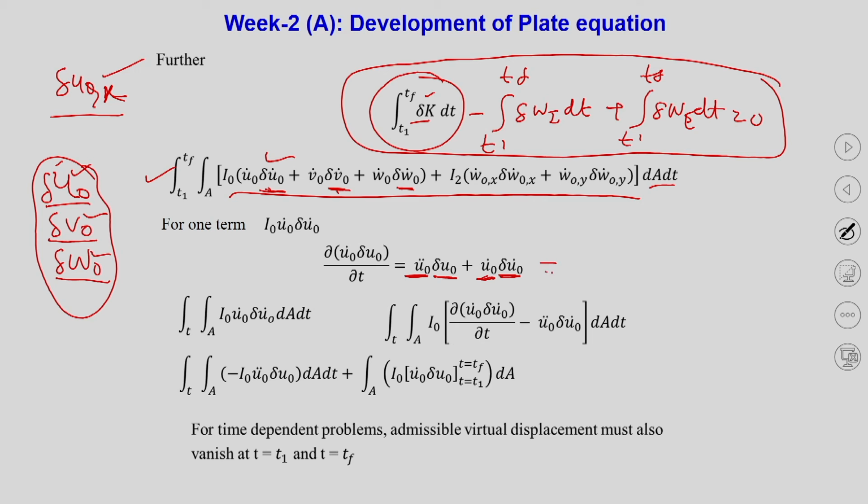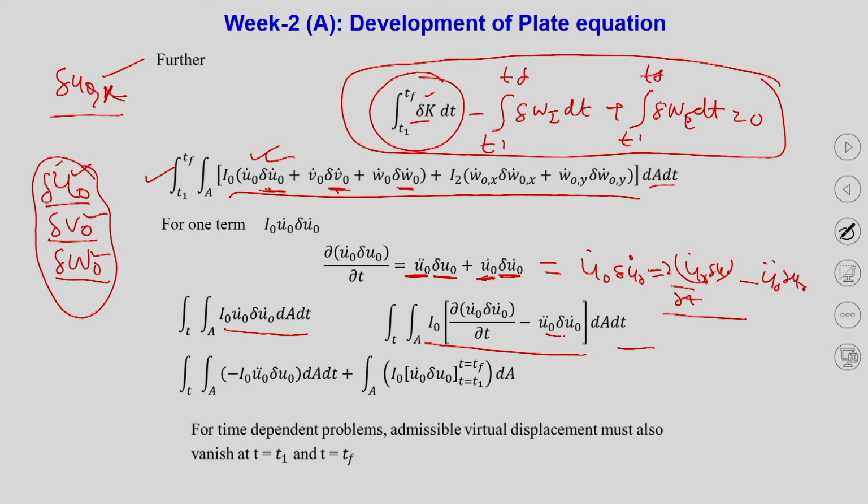So, from here you see that del u naught is nothing but u naught del u naught time derivative minus of del w naught del u naught. So, I will explain only for one term and similarly apply for other terms. So, I have taken this one term. So, this term can be replaced with this.